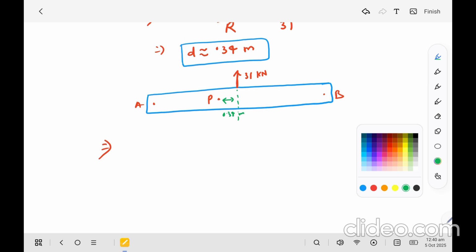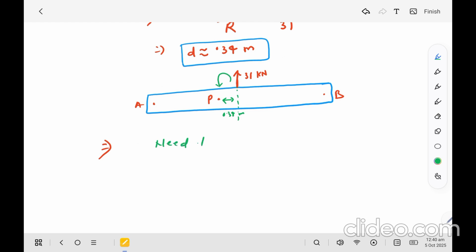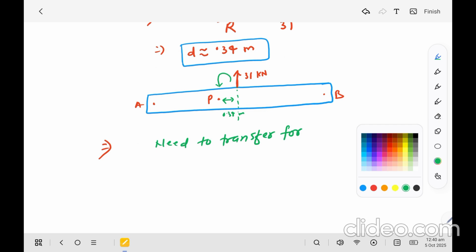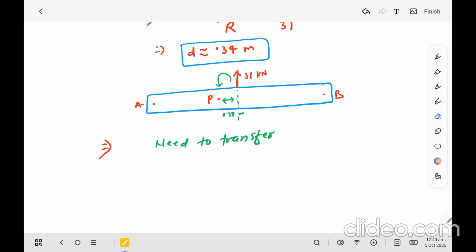Now we have to transfer this force from this position to point P. So we need to transfer the resultant, 31 kN, to point P.